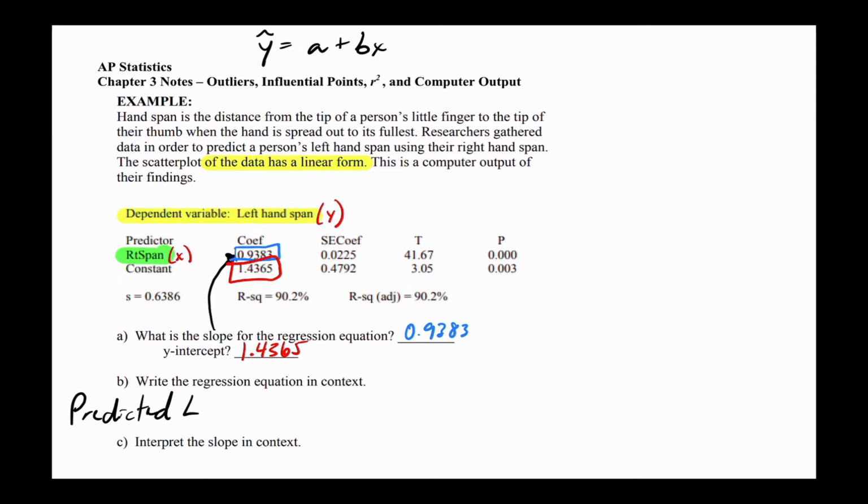Left hand span. So predicted left hand span equals, and then the next thing is always the y-intercept. Well, the y-intercept is 1.4365, plus. The next thing is always the slope.